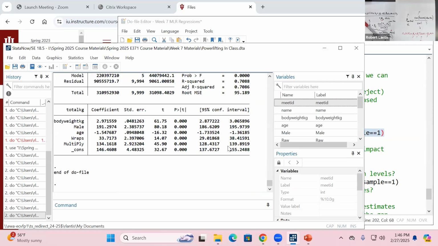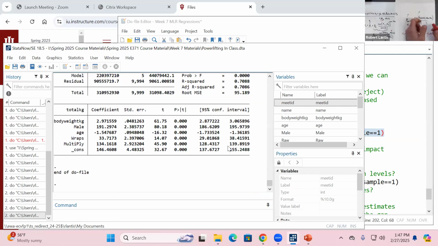Now here I could also ask you a question. We're going to have to leave one of them out if we have multiple categorical variables that we're creating into dummy variables. What if I wanted to know the difference in the predicted weight lifted between these multiply divisions and just the wraps divisions?